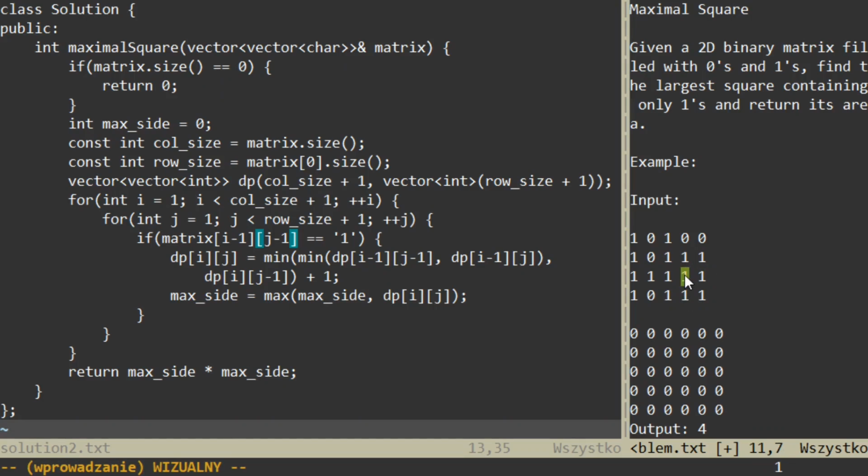If here will be 2, so this will be the end of a 3 because we add this.